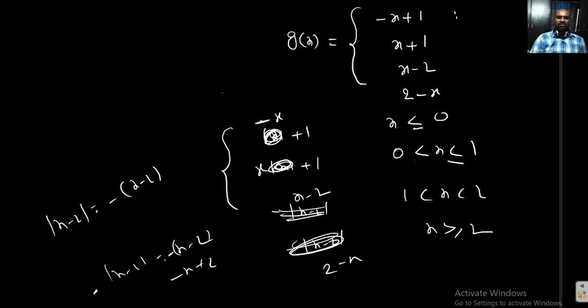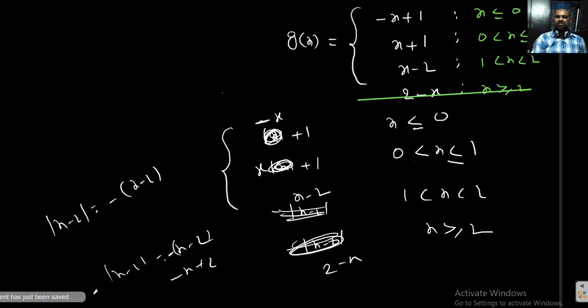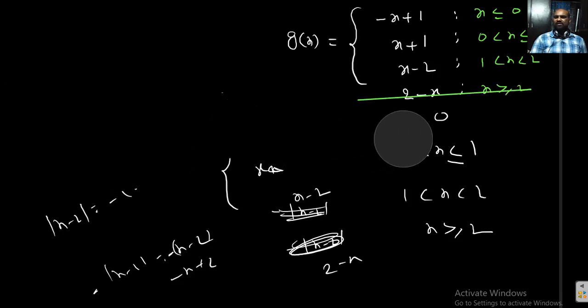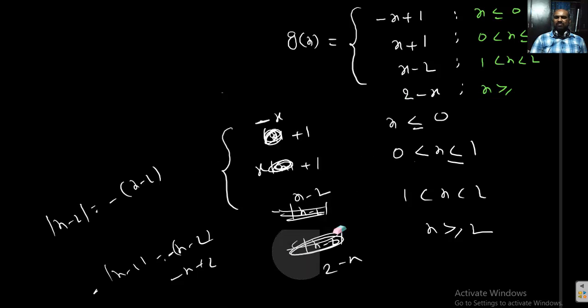What values of x should I write here? For x less than or equal to 0, 0 less than x less than or equal to 1, 1 less than x less than 2, x greater than or equal to 2. So g of x is split. Wait, okay, 2 should be written here.